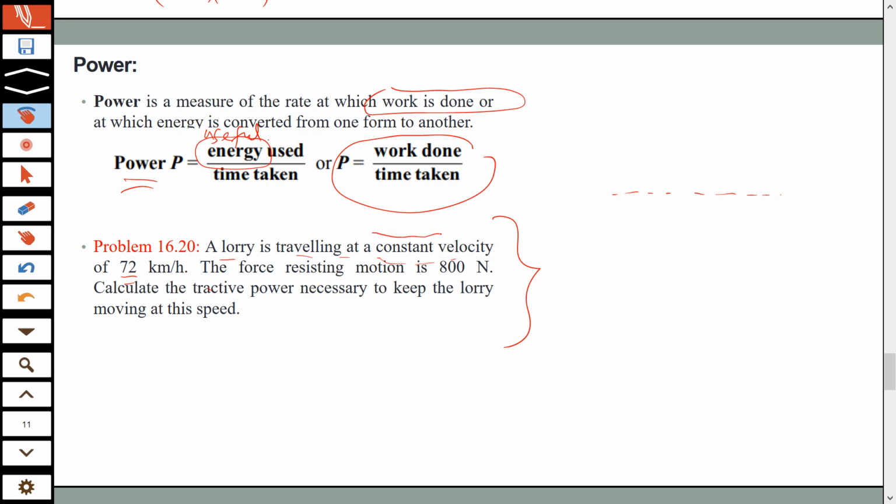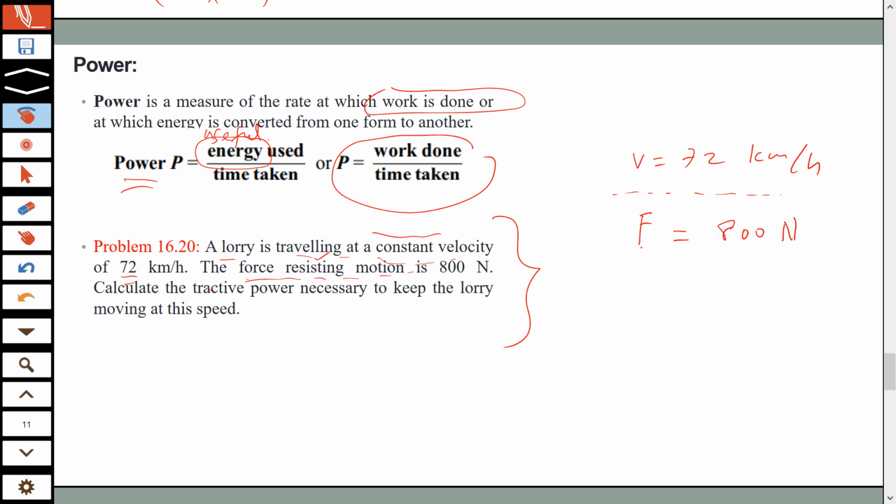It is not changing. The force resisting motion, which may be friction or air drag or liquid friction, that force which you must overcome is 800 newtons.